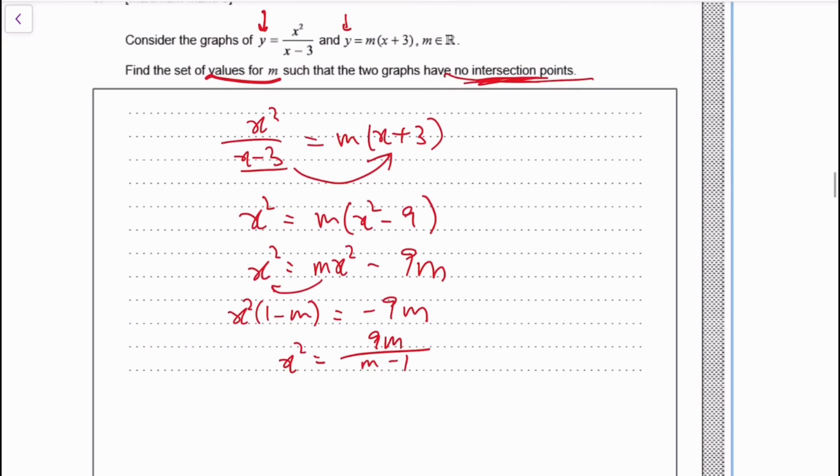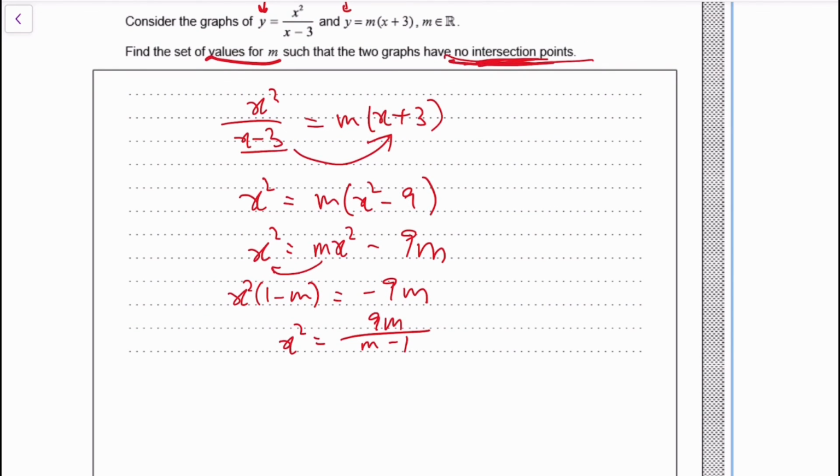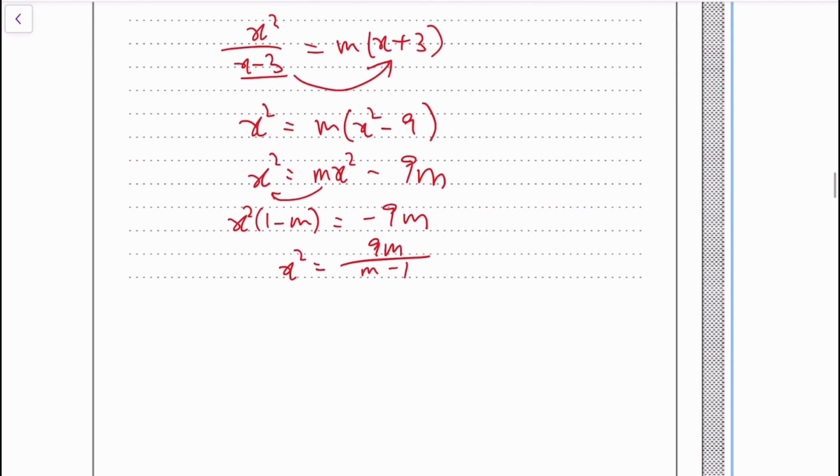So what do we need? We need there to have no intersection. That means this equation should have no solution. So when would x squared equal to a number have no solution? That's when the number is negative, right? So question is, when is this negative?